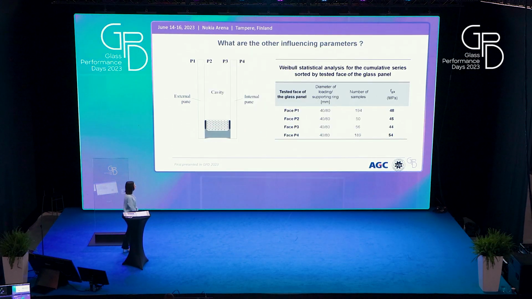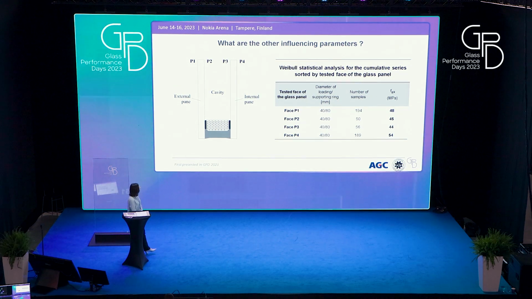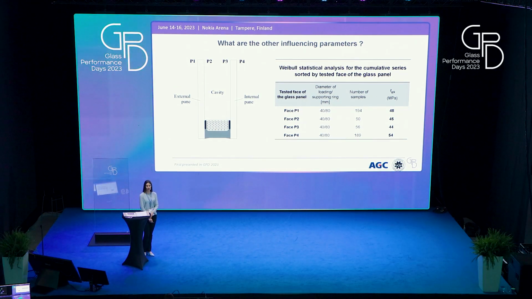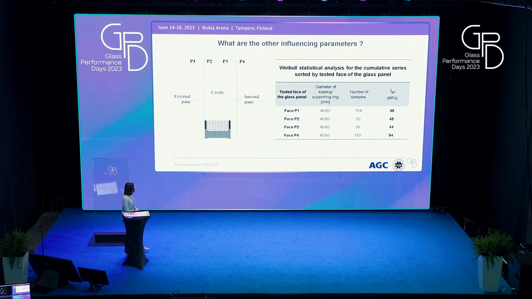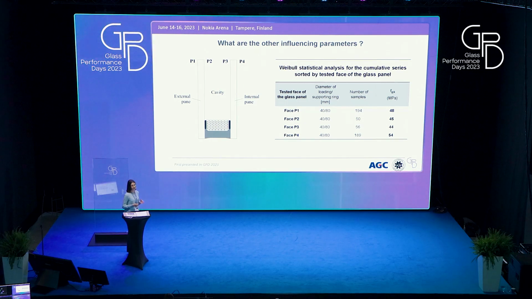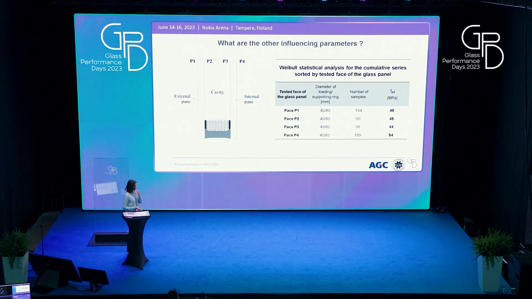During the mechanical investigation, we also investigated another parameter, the tested phase, which I told you before about. So if there was an influence of the former position of the panel on the mechanical strength of the glass.